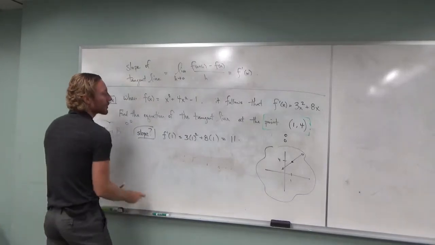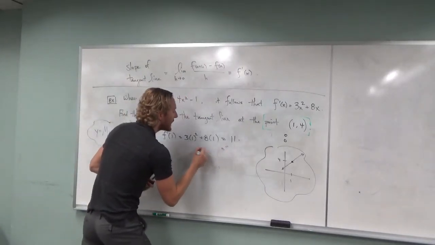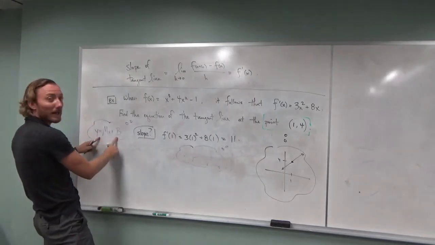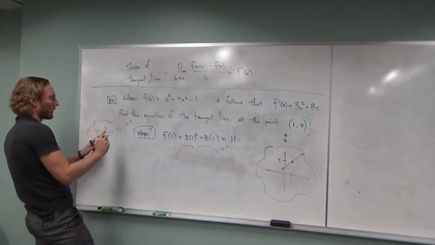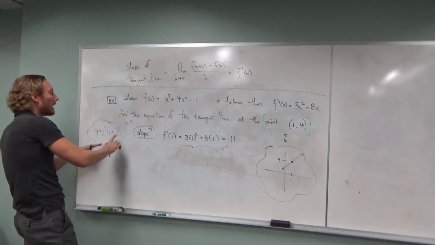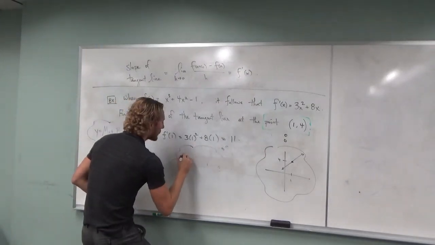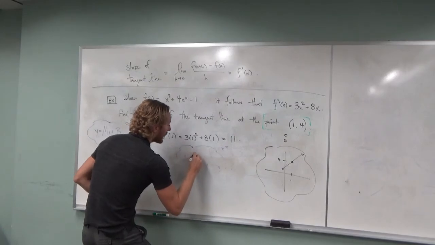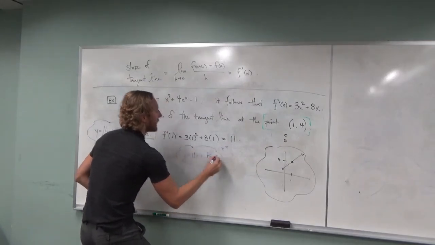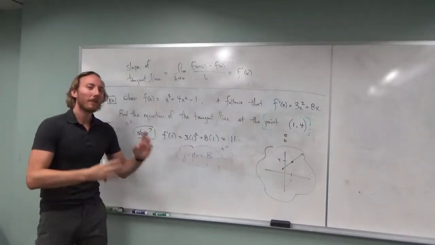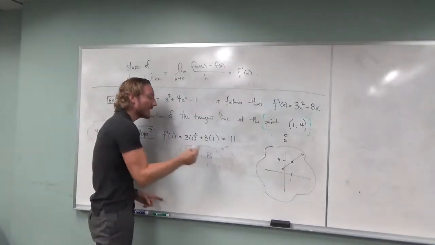And this tells you straight away that the equation of our tangent line is y equals mx plus b. Remember, you've known this from your past, m is the slope, b is the y-intercept. Well, if we know the slope to be 11, then our line is y equals 11x plus b. We're so close to knowing the equation, we just now need to know b.